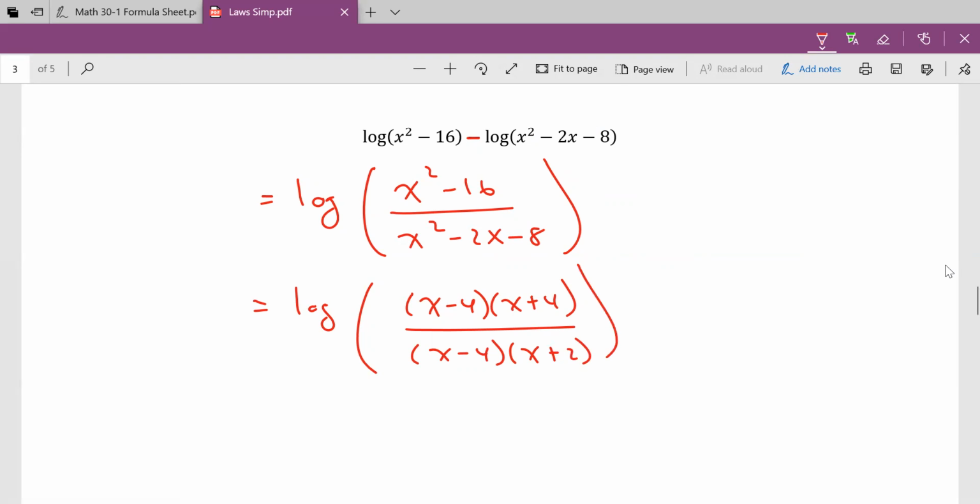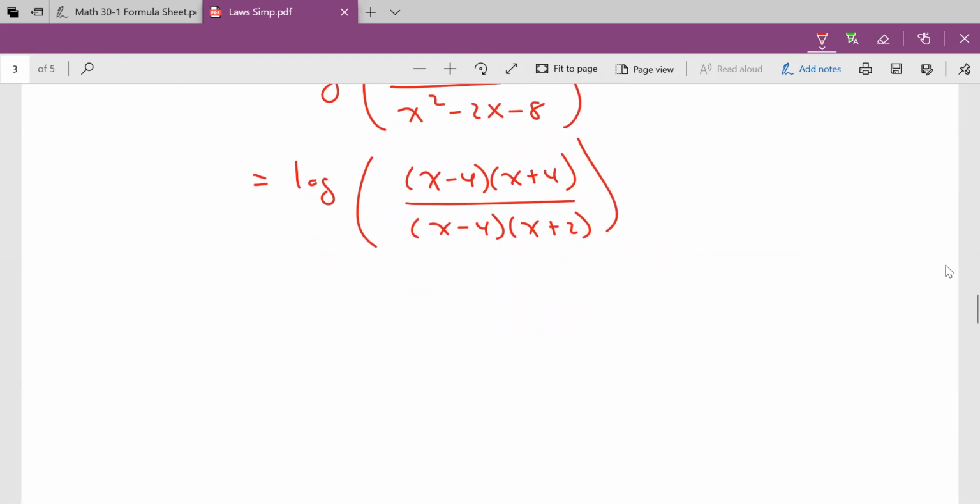Look at these two factors here, they will divide. Oops, I crossed off the wrong one, didn't I? I got excited by the division. These two will divide. That looks a little better. And what do we have left? We've got log base 10 of x plus 4 over x plus 2.